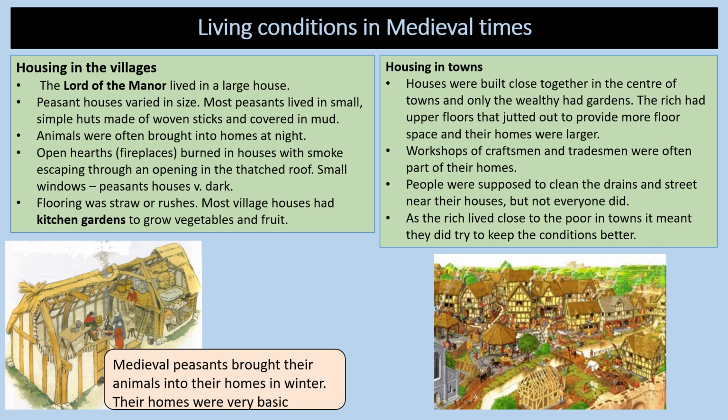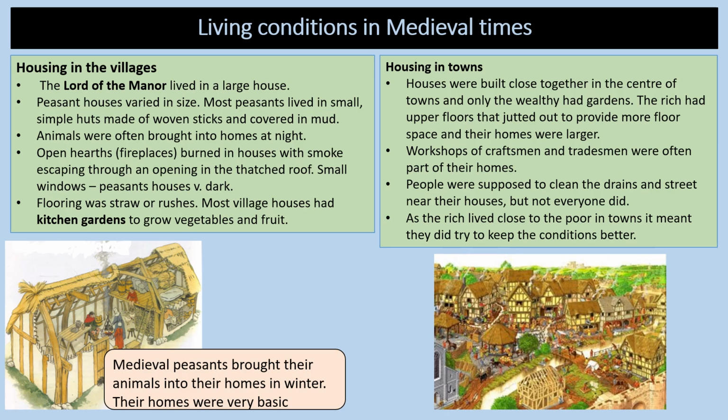Open hearths or fireplaces burned in houses with smoke escaping through an opening in the thatched roof. There were small windows that had shutters, meaning peasant houses were very dark, and filled with smoke as well, with all that fire burning in the open hearth. Flooring would be straw or rushes. Most village houses had kitchen gardens to grow vegetables and fruit in.